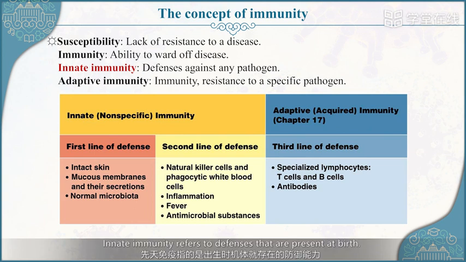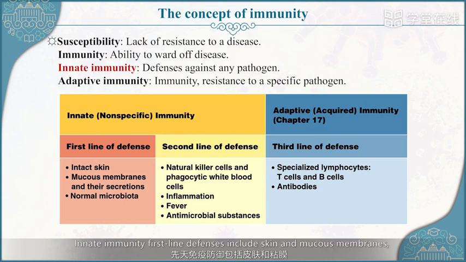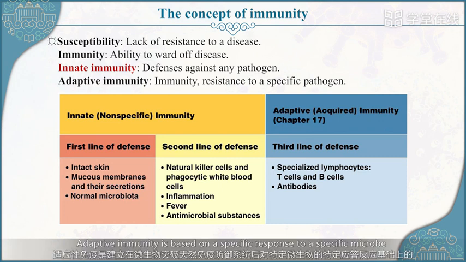Innate immunity refers to defenses that are present at birth. Innate immunity's first-line defense includes skin and mucous membranes, and the second-line defense includes natural killer cells, phagocytes, inflammation, fever, and antimicrobial substances. Adaptive immunity is based on the specific response to a specific microbe.